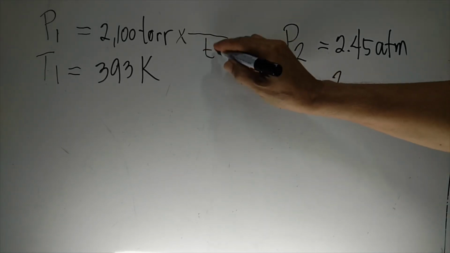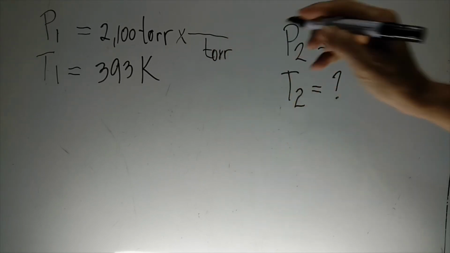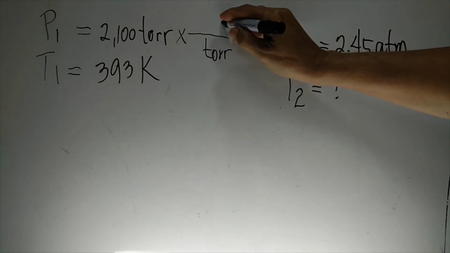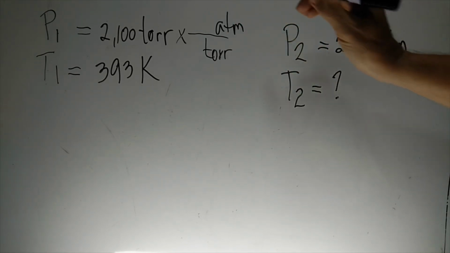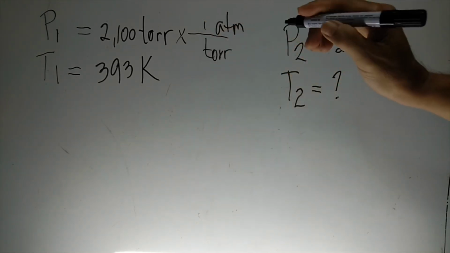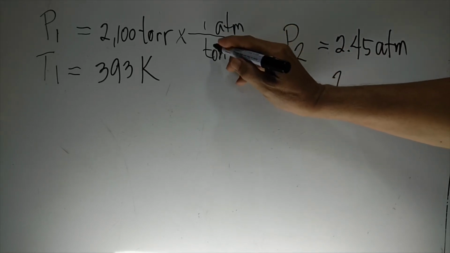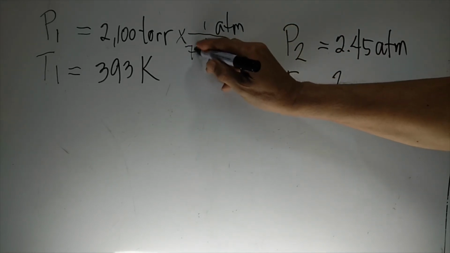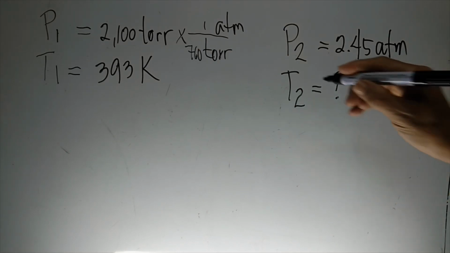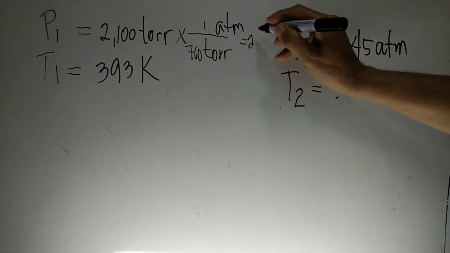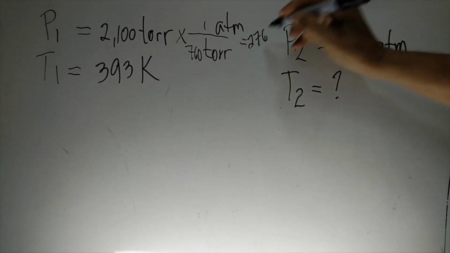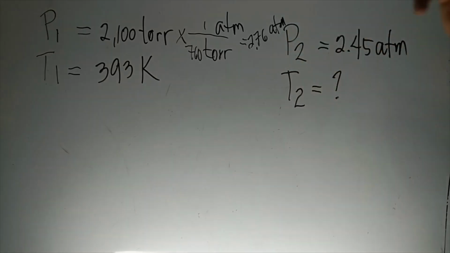Torr will be at the bottom and atmosphere will be on top. The relationship is 1 atmosphere is equivalent to 760 torr. So this will give us a value of 2.76 atmosphere.